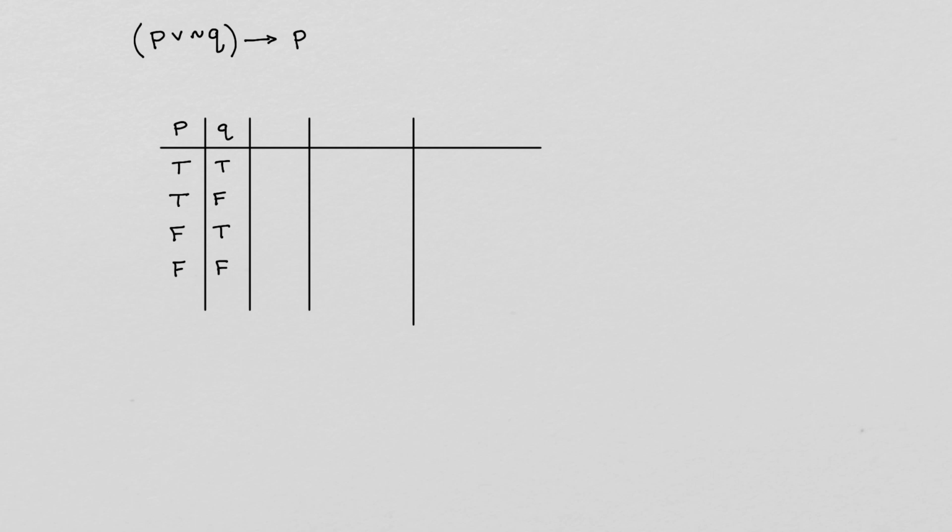Then I look inside my parentheses and I have a not Q. So I'm going to make a column for that. So if I label my first 2 columns 1 and 2, then now I'm doing the negation of column 2, and that makes column 3. So I'm just doing the opposite of the Q column, and I get false, true, false, true.